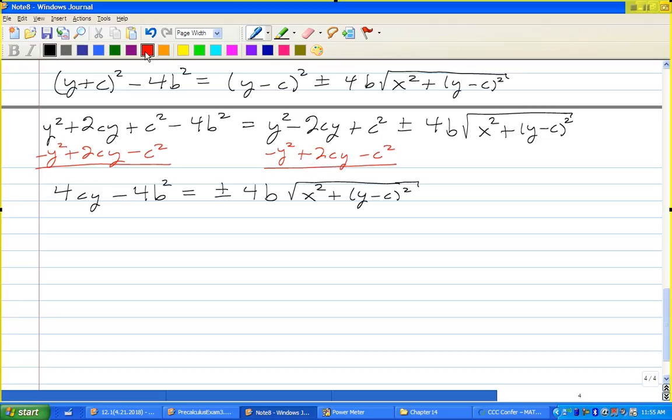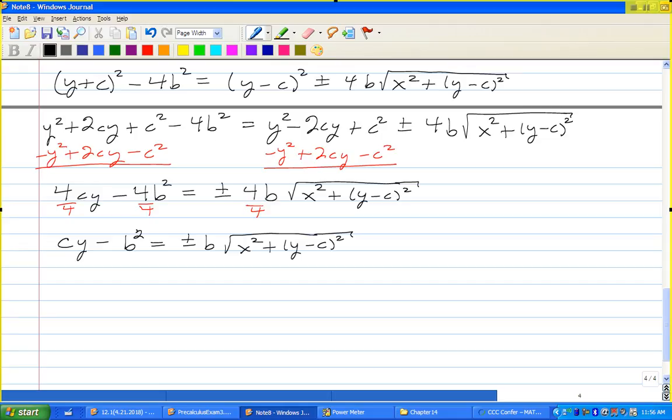Divide by 4. So you get cy minus b squared equal plus or minus b rad (x squared plus (y minus c) squared).